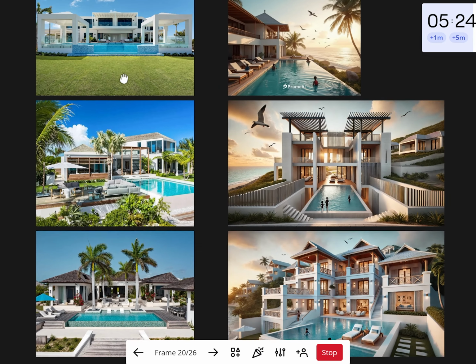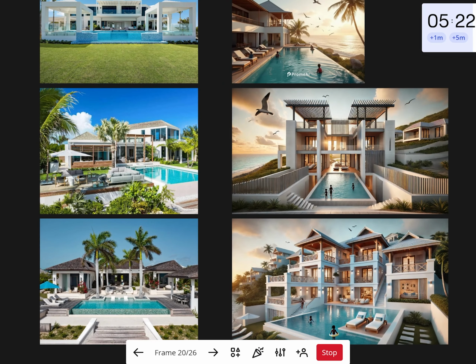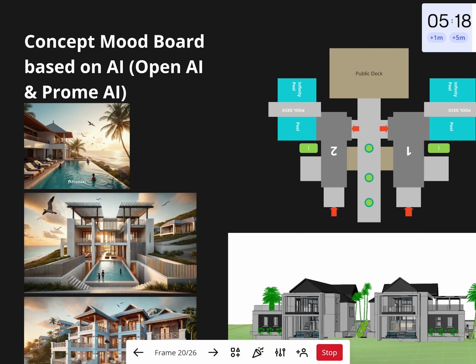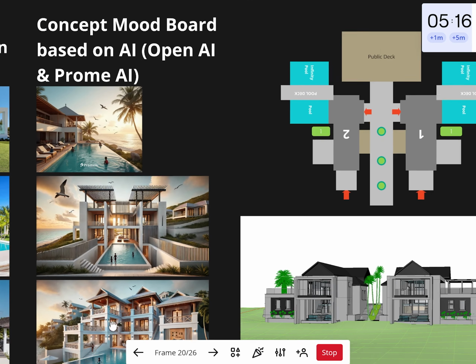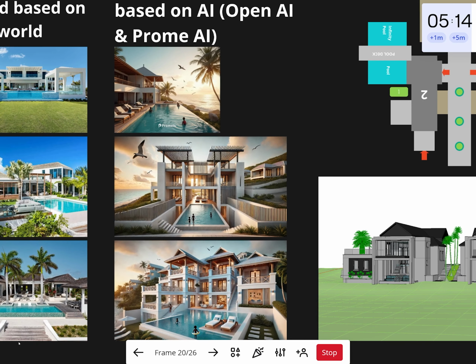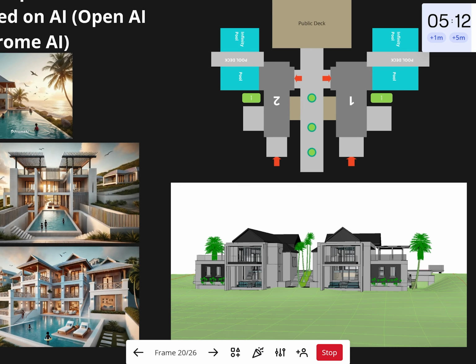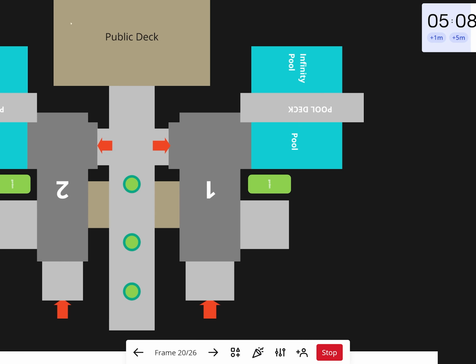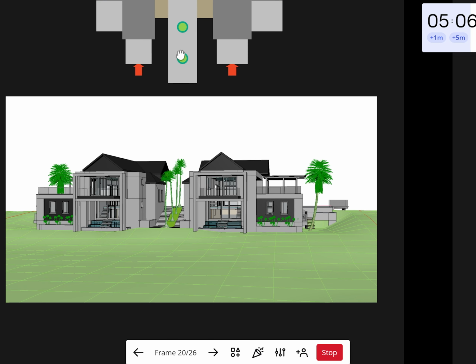I have what's called precedence images here, and also I have precedence images that are AI. So I have two types of precedence images, and this was my bubble diagram that's giving me an idea where stuff is.